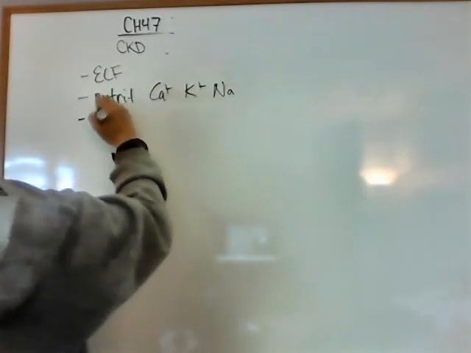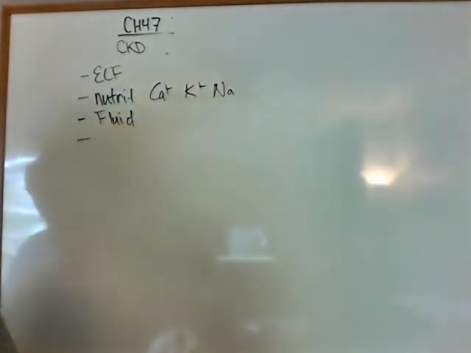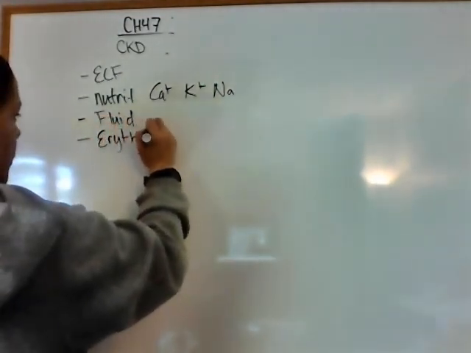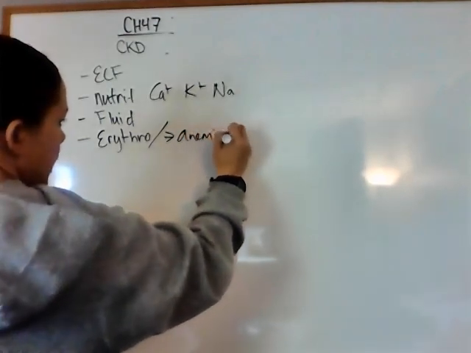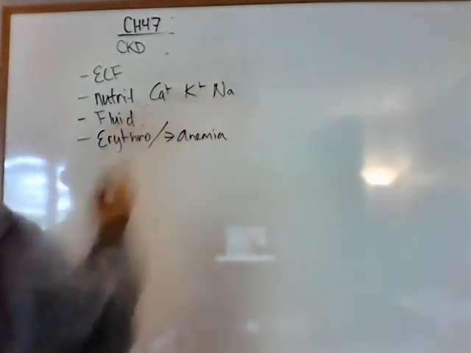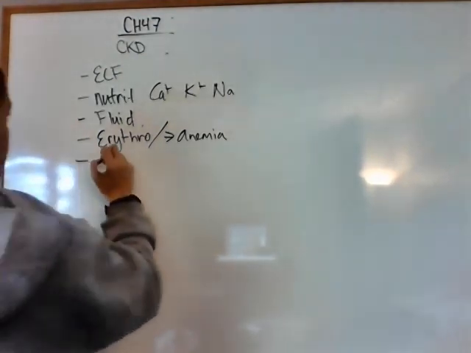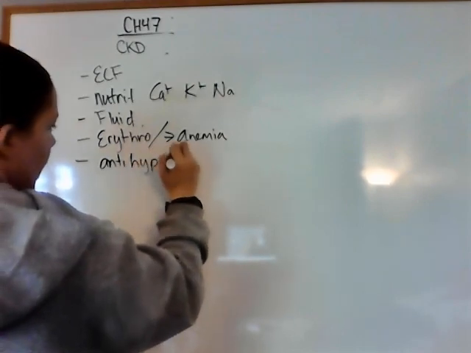Of course, fluids, we need to figure out if they're going to retain fluid or if they're dehydrated. We're going to have to fix that erythropoietin because that'll lead to anemia. And that was the production of red blood cells from the kidneys, or the stimulation at least. We need to control antihypertensives, so we need to control that high blood pressure.